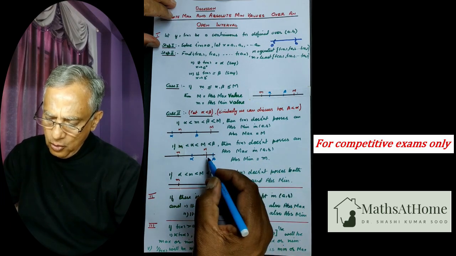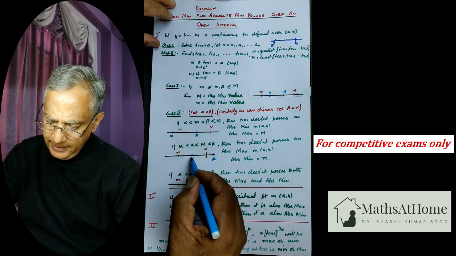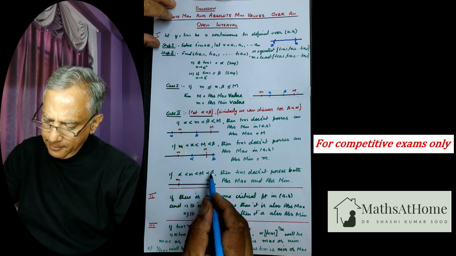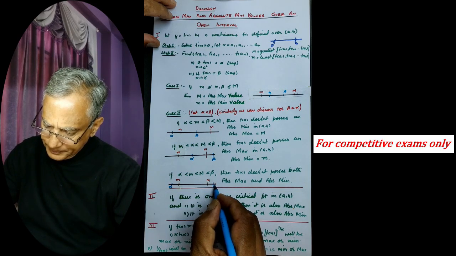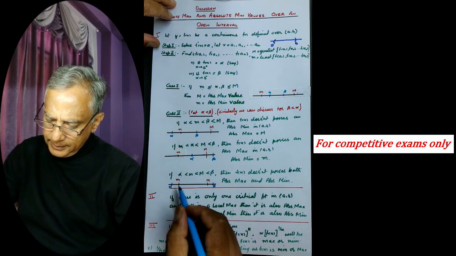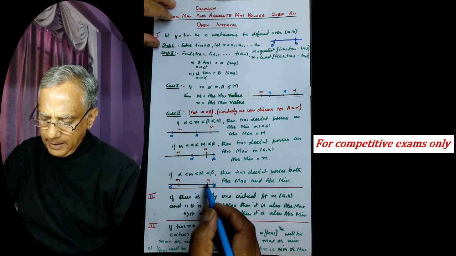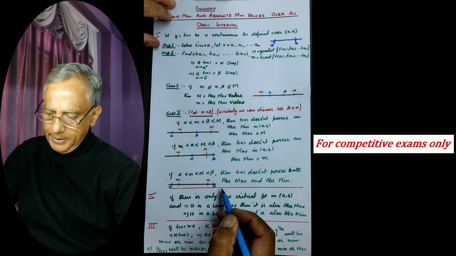Absolute maximum value will not exist, but small m will be the absolute minimum value. If both alpha and beta lie outside, then in this case both absolute minimum value and absolute maximum value will not exist in the open interval (a, b).